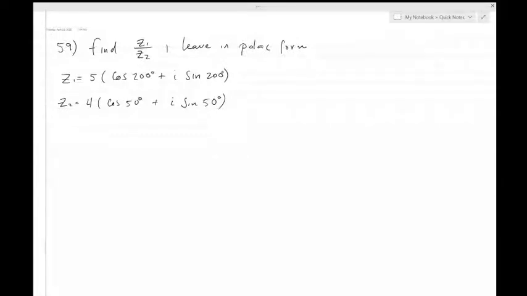Okay, so what we do is that we use the formula for when dividing two complex numbers in polar form, and it is the following.